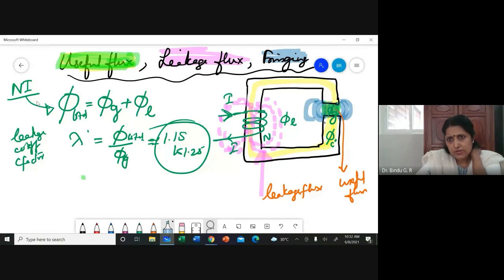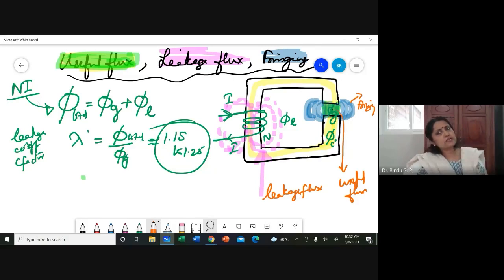Because air is also, sorry, not a good conductor, but air is also a conductor of flux, or air has some permeability for flux. So this kind of phenomenon is called fringing. Fringing occurs in the air gap. The longer the air gap, the larger will be the fringing.